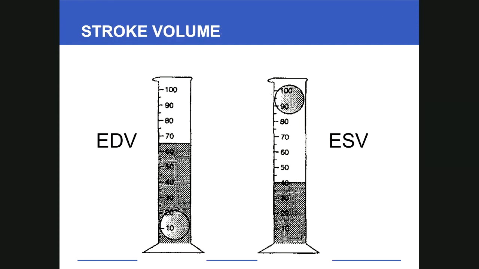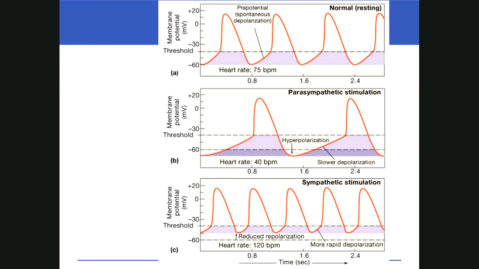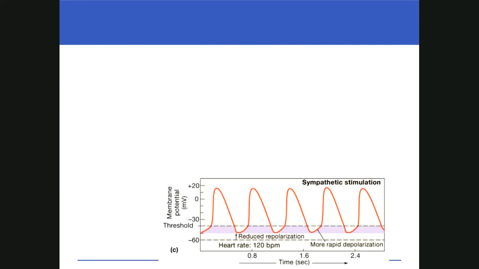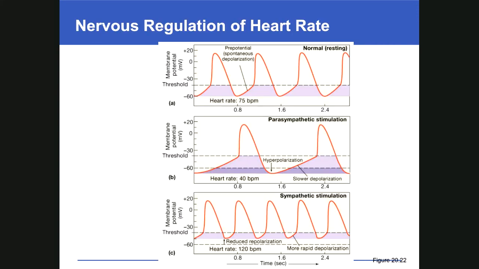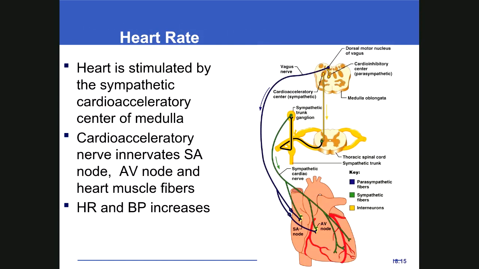So when we look at this, not only did this sympathetic nerve go to the SA node, and not only did it go to the AV node, that affects heart rate, but it also goes to these muscle cells. And what it does to those muscle cells is it makes them contract harder. It increases contractility.